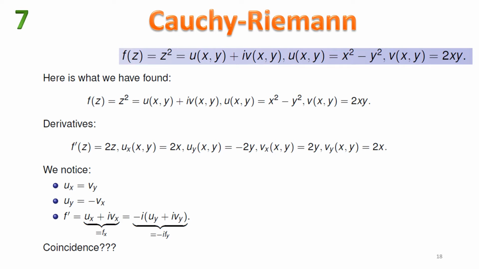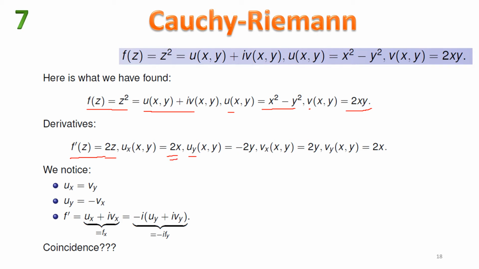Now look here, f of z is equal to z square, which is equal to u plus iv, where u is equal to x square minus y square and v is equal to twice xy. f dash of z, the derivative of z square, is 2z, and u suffix x is equal to 2x, that is the derivative of u with respect to x, we have said it is 2x.